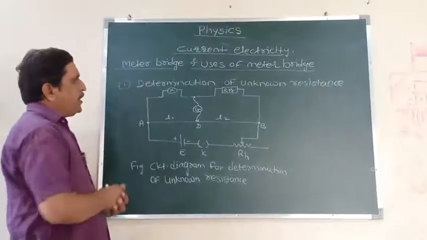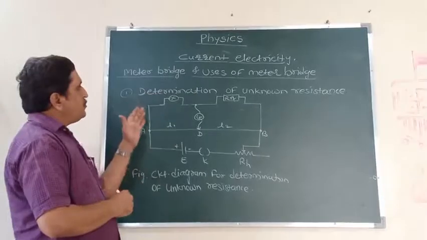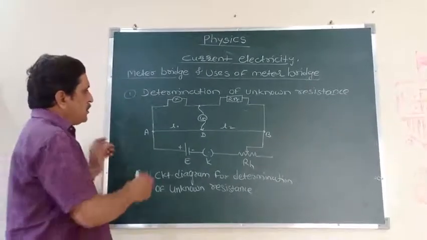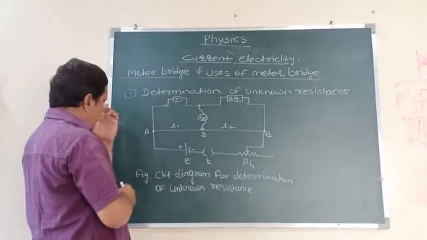Now, how can we determine unknown resistance by using meter bridge? For that purpose, one circuit diagram is drawn. This is the basic simple diagram.